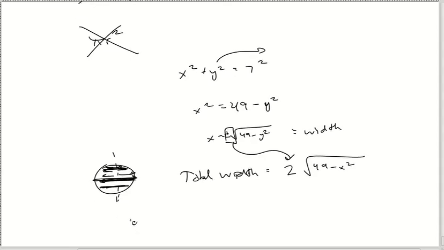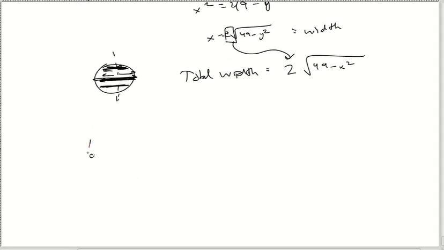So why is the width important to us? Well, remember the area of a rectangle in particular is going to be width times height. Well, this isn't a rectangle. Yeah, that's true. It's not a rectangle, but it has a lot of rectangles in it. It's really hard to see, but each one of these is actually a little bitty rectangle.